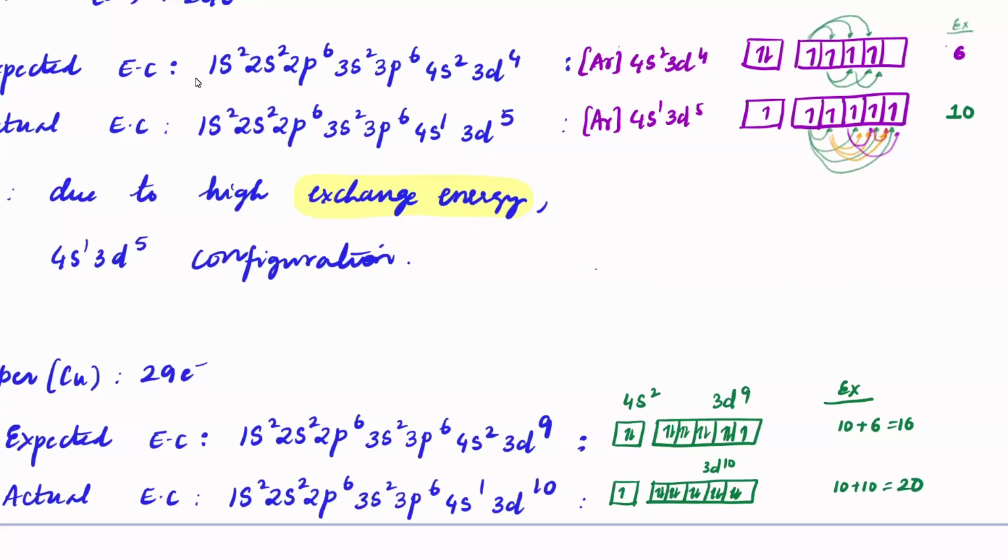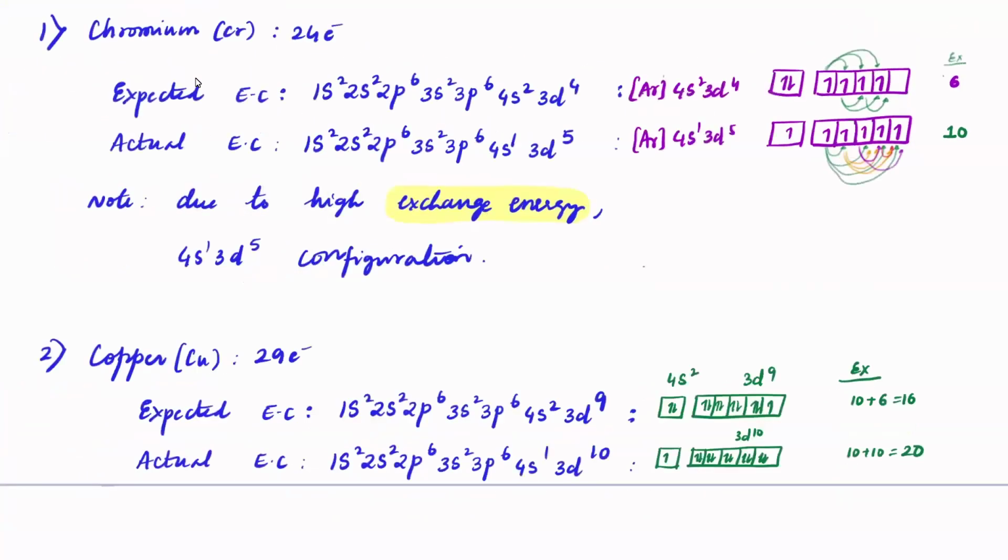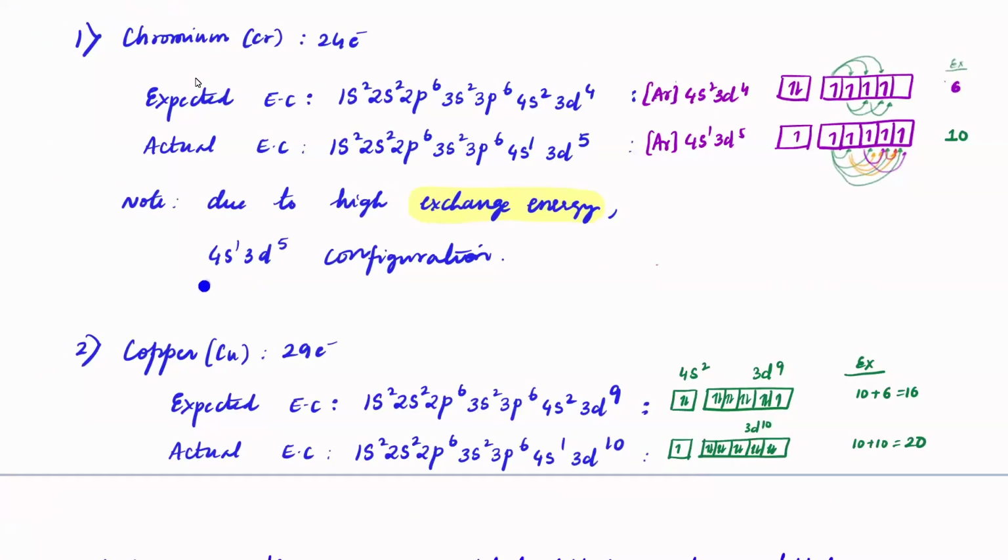Of course, can it happen in all orbitals? Not so much. It happens when the difference in exchange energy is at least 3 to 4 units. You can see 6 here, 10 here. The difference is 4 units. When a difference of 4 units comes, then the configuration changes. So it will be 4s1 and 3d5.